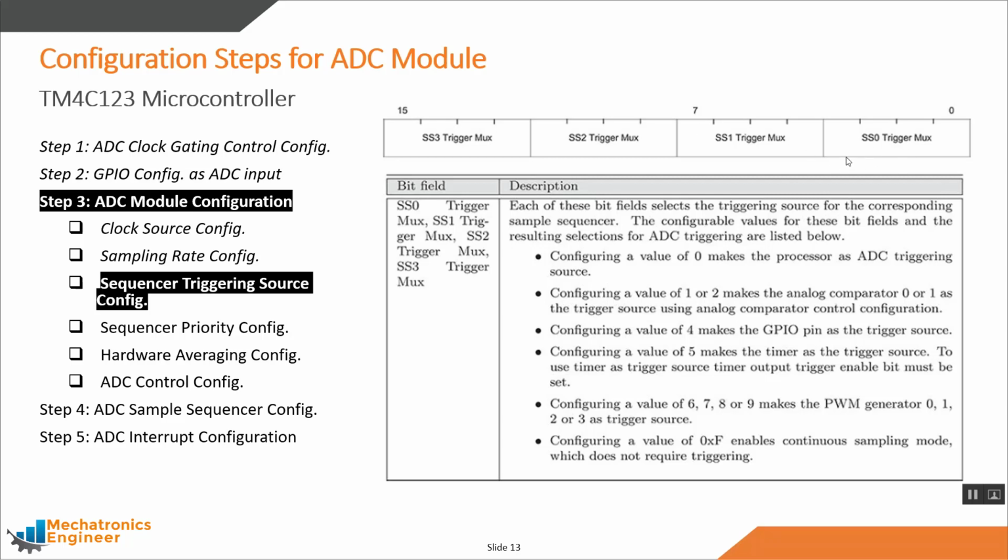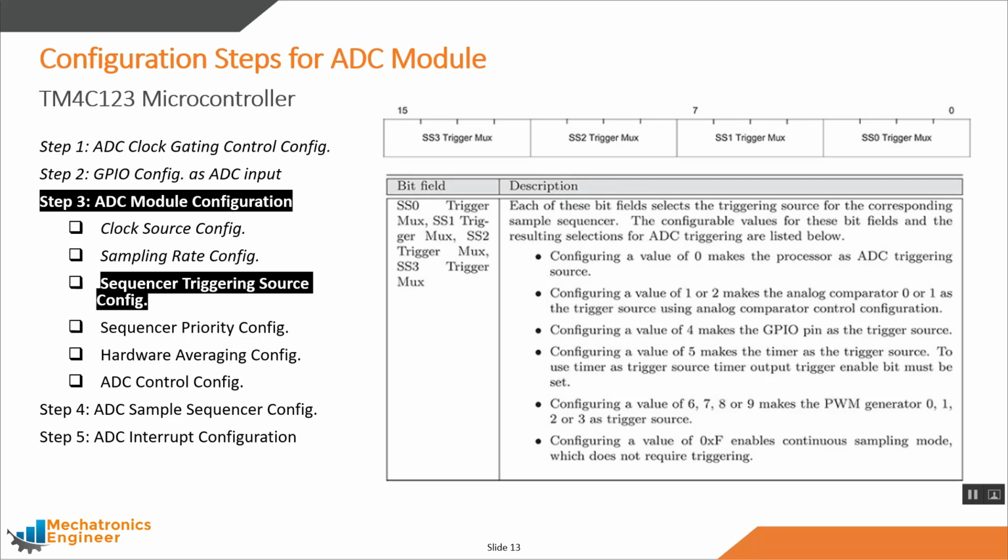For example, if we write any of the bit fields with the value 0, then the processor will be the triggering source. And if we write value 1 or 2, then analog comparator 0 and 1 will be the triggering source. Similarly, we can write value 4 in order to use a GPIO pin as a triggering source, and the value 5 makes the timer the triggering source.